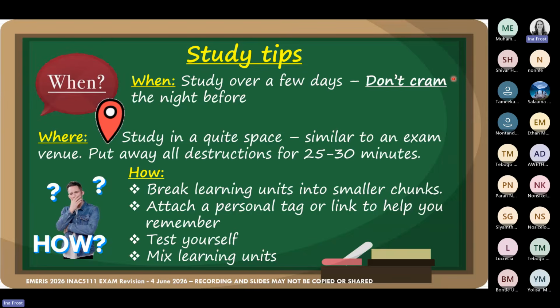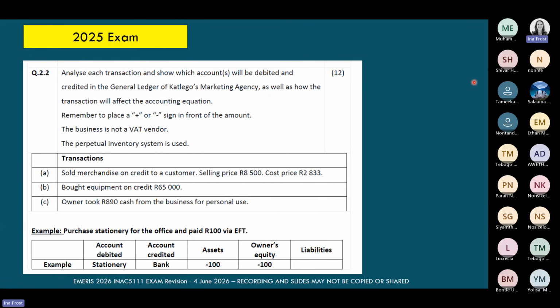Thanks, Saloma. Okay, and as Saloma just mentioned, try past paper questions. So here again, I just wanted to show you a past paper question with an accounting equation question that we were just saying you need to know with VAT, without VAT, and for the two inventory systems.